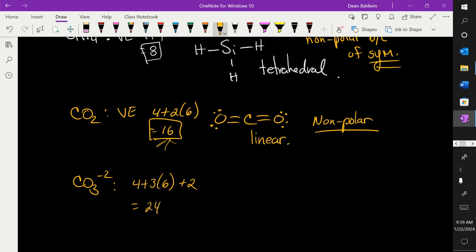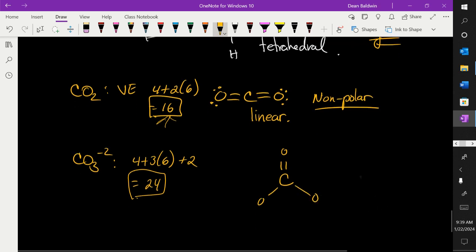Yeah. 24 valence electrons. Carbon will be at the center. Carbon only wants to form 4 bonds. There's 8 electrons.